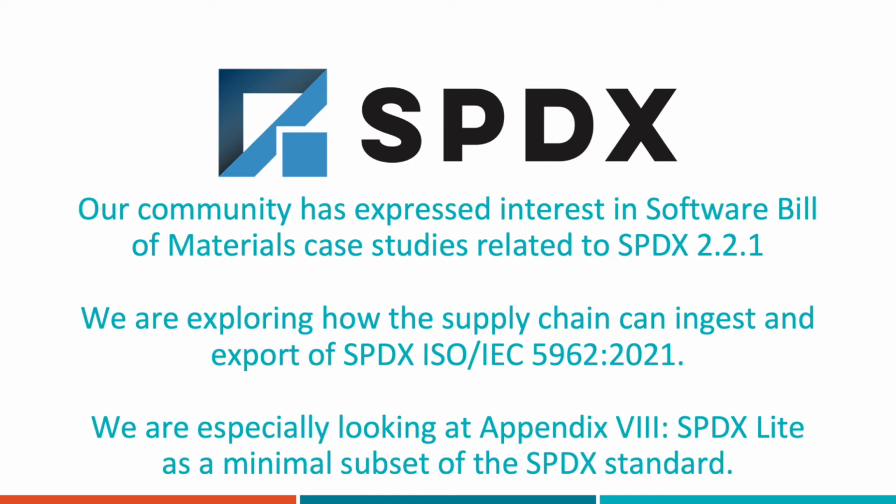We're especially interested in how a very simple starting point, SPDX Lite, could work. In other words, what's the minimum you can do as a company to identify your file, its version, and its license, and to be able to share that with your colleagues, customers, or suppliers.